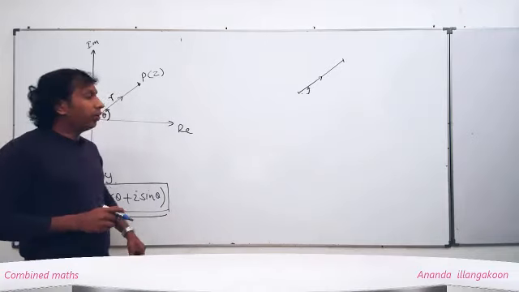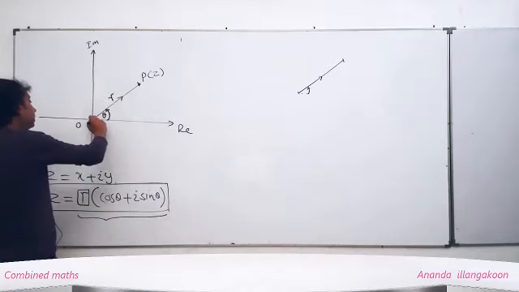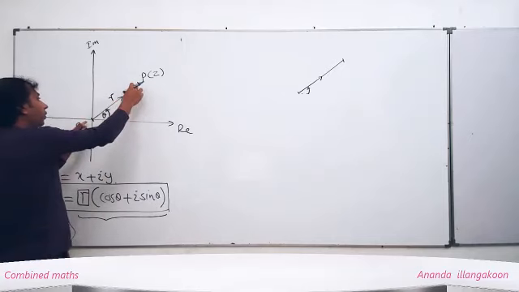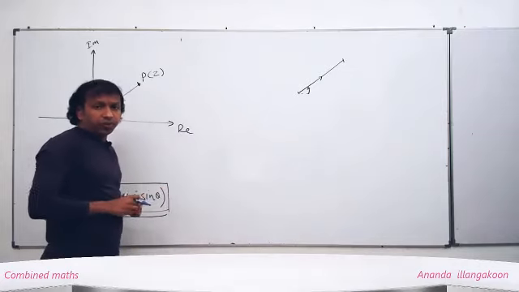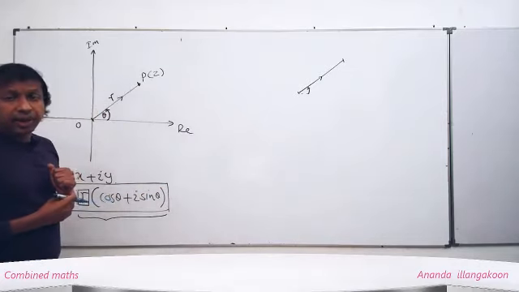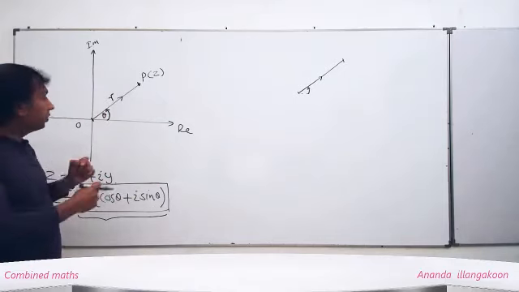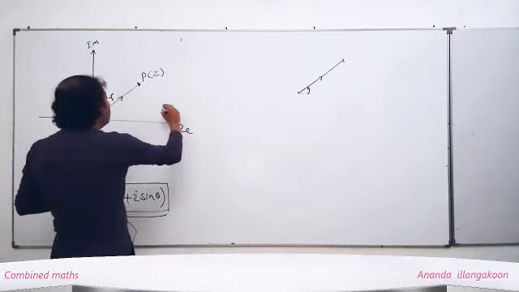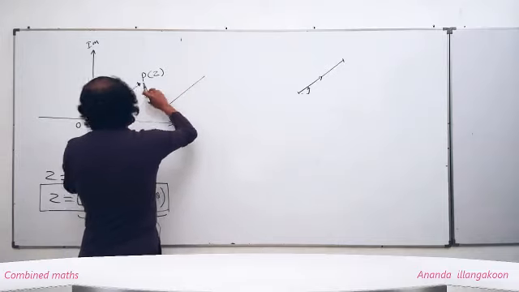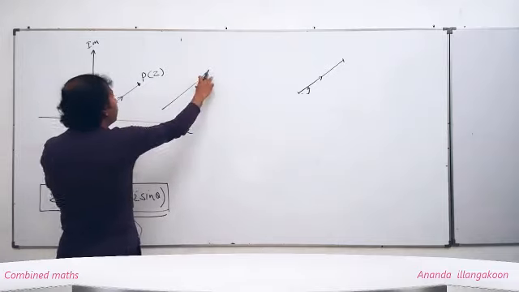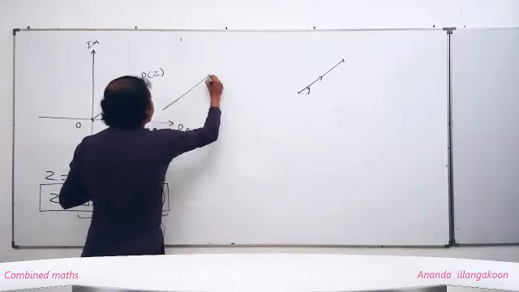Further, this line segment OP we draw on the same Argand plane in another position with the same length and without changing the direction. That means the same line segment we draw in another position in the plane, parallel to this OP, and the length of OP is the same as this length, right?